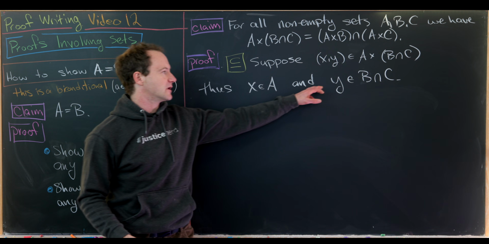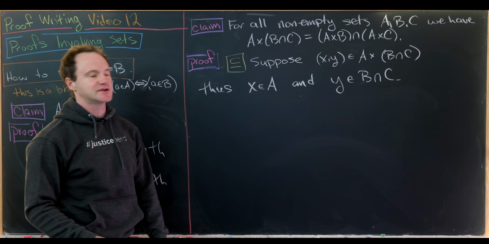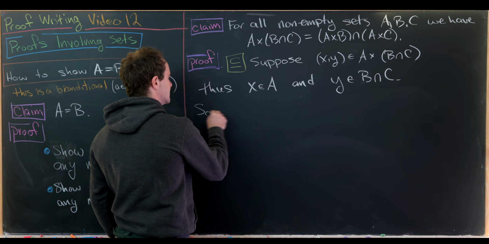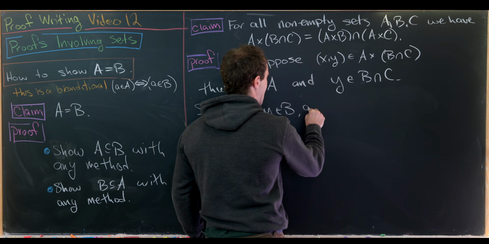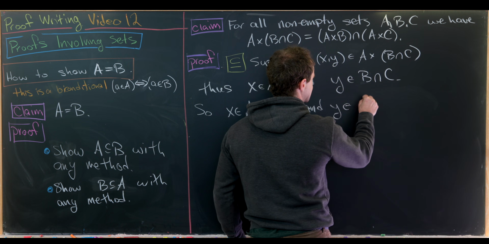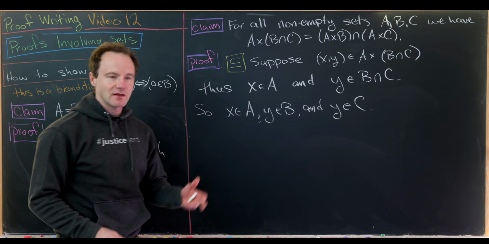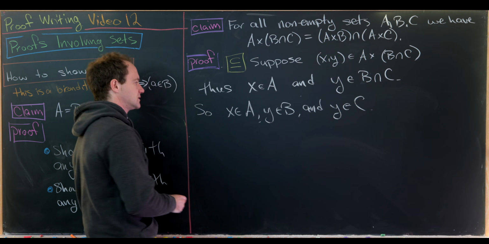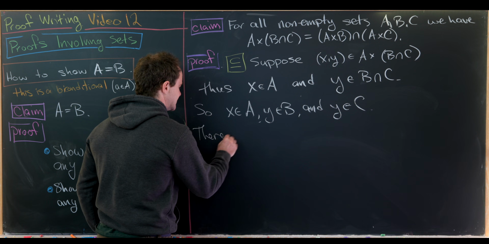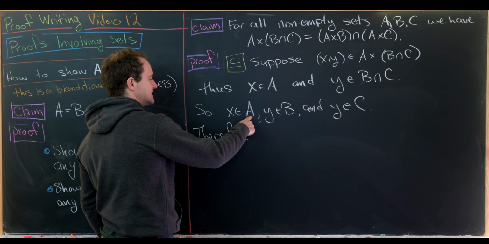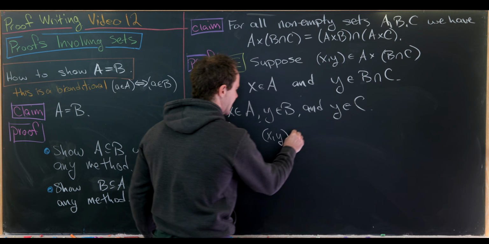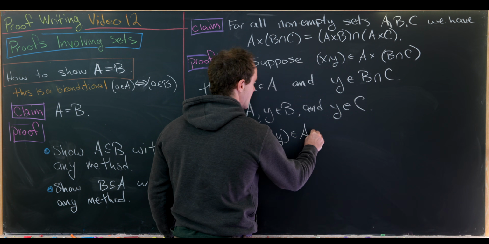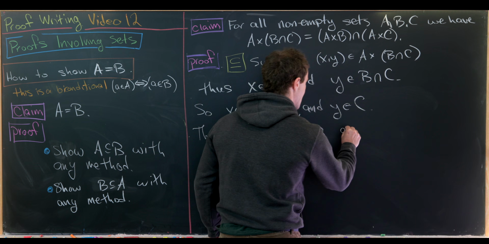But now we'll strip away what it means for y to be in the intersection of B and C. So we have x is in A, y is in B, and y is in C. But now let's go back to the cross product world. So let's see, since x is in A and y is in B, we know that the ordered pair (x, y) is in A cross B.